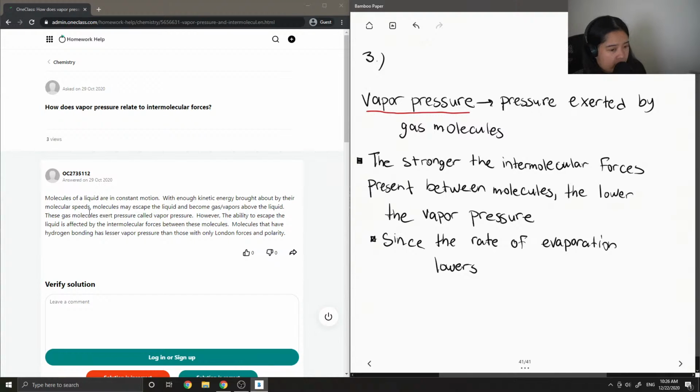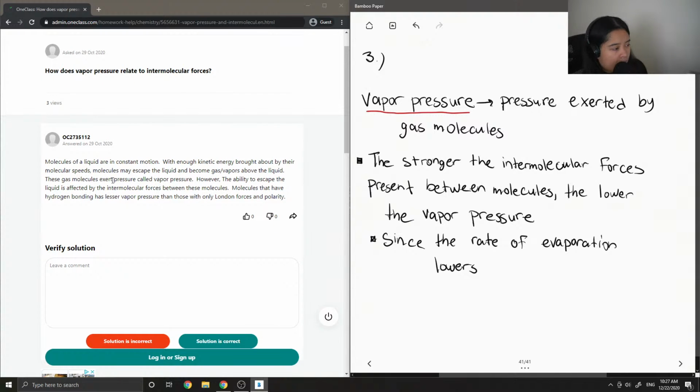Okay, so the junior tutor said, molecules of a liquid are in constant motion. With enough kinetic energy brought about by their molecular speeds, molecules may escape the liquid and become gas or vapors above the liquid. These gas molecules exert pressure called vapor pressure. However, the ability to escape the liquid is affected by the intermolecular forces between these molecules.